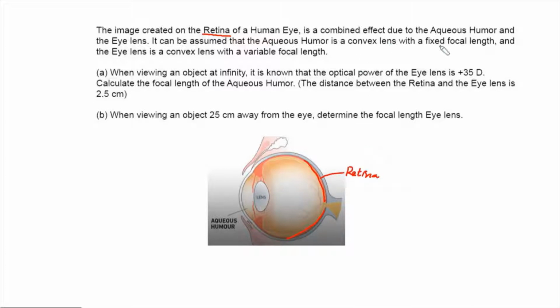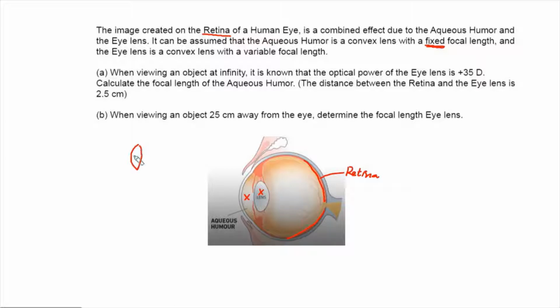Then the aqueous humor is this part, and the eye lens is this one. It can be assumed that the aqueous humor is a convex lens with a fixed focal length. So we can assume that the aqueous humor can be modeled as a convex lens. If you recall, a convex lens is something like this.